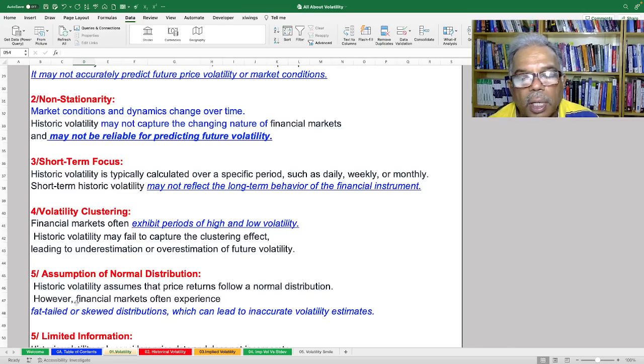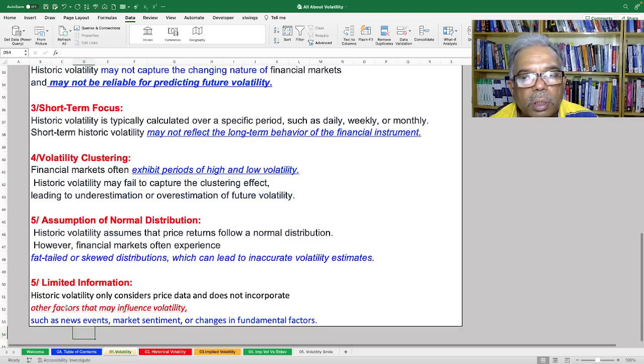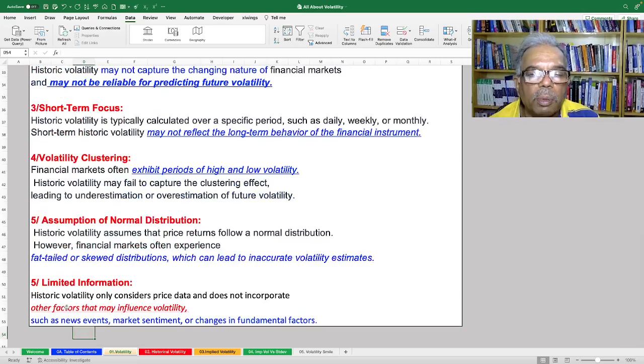However, financial markets may often experience fat-tailed or skewed distributions, thereby leading to inaccuracy in volatility estimates. It also provides limited information, as historical volatility considers only price data and does not incorporate other factors like market events, market sentiments, and changes in fundamental factors.